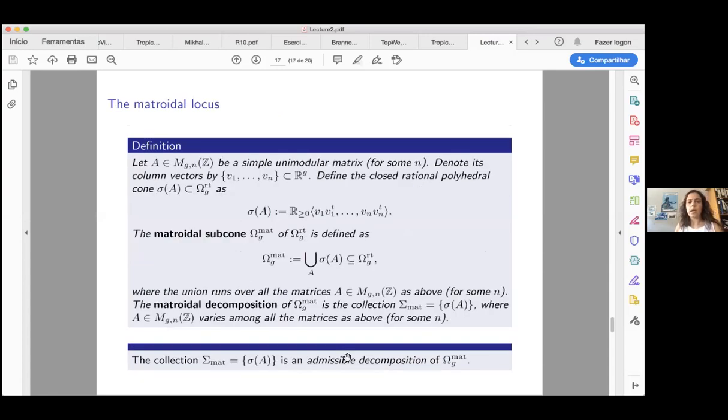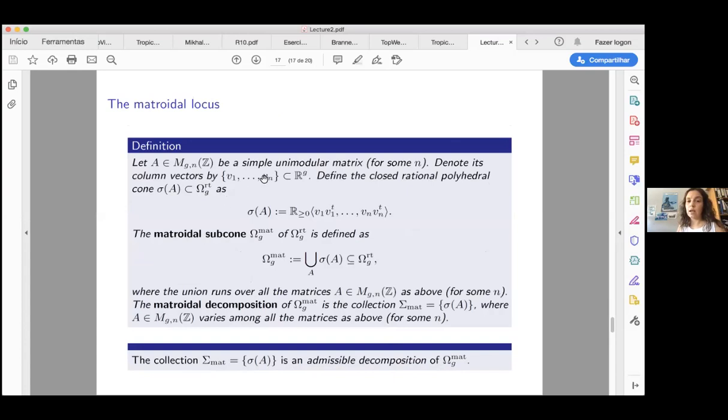Okay, so then, given unimodular matrices, you can define rational polyhedral cones in Omega_g^rt in a similar way as we already saw in the talk.